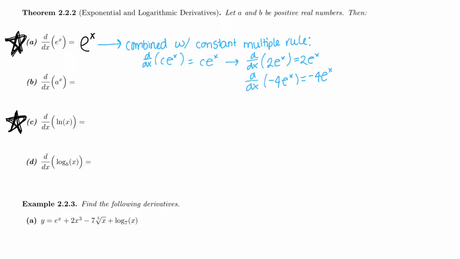Now, if you don't have e to the x, and instead you have a number raised to the x, and I'll make the stipulation in here, a needs to be greater than 0, that derivative becomes ln a times a to the x.